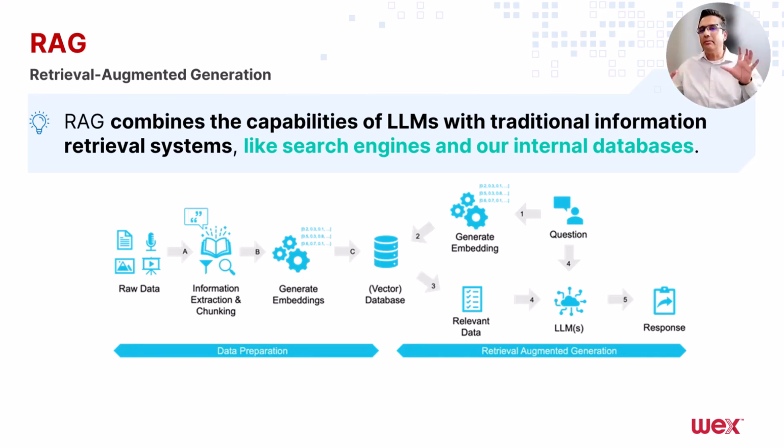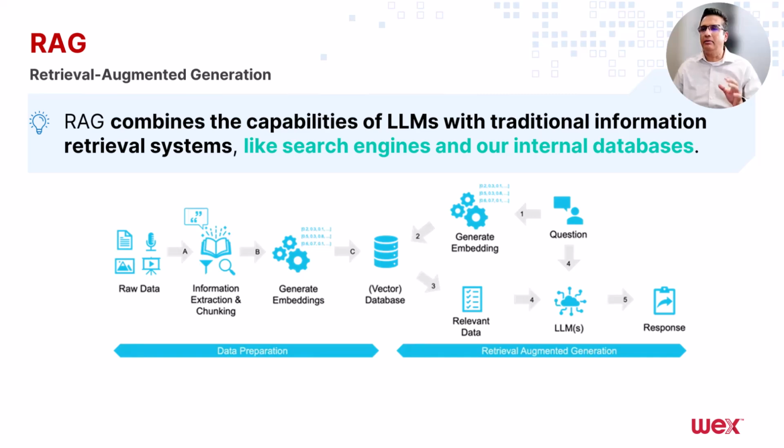So it combines the capabilities of LLM and the information that you have in your organization to generate the intelligent results. And this is a cost-effective way of doing it without having to train LLM on all the data that you have. That's what RAG does.